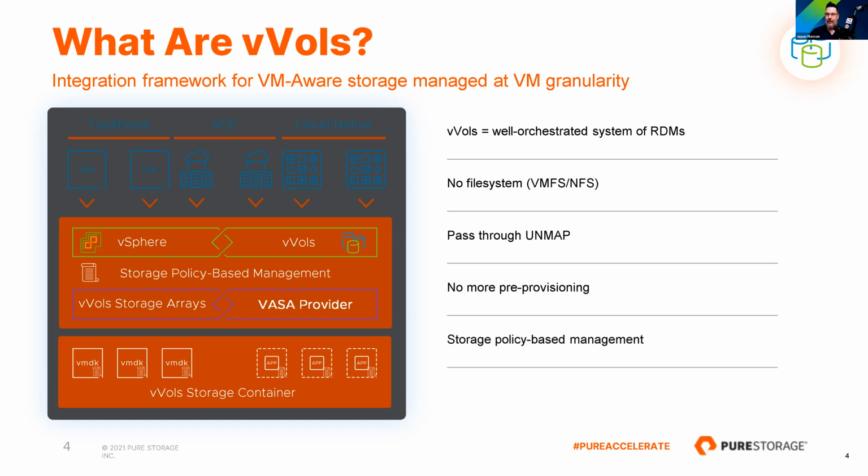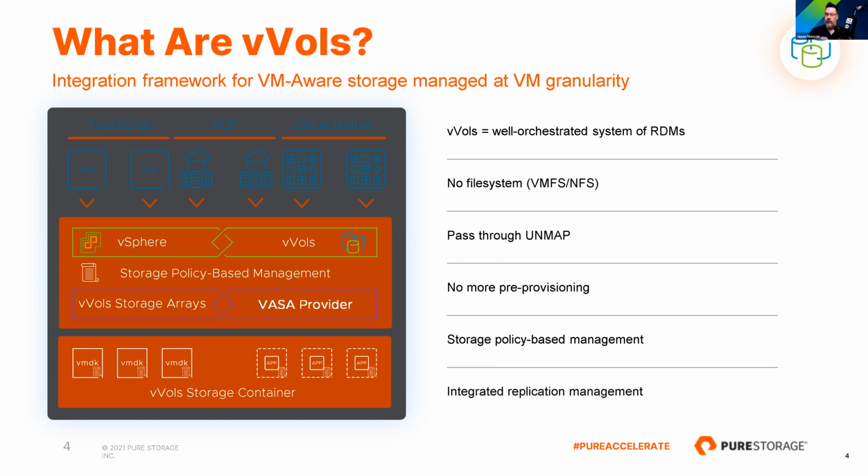And instead of that object being in a specific datastore with a specific capability, as in the case with VMFS or NFS, the array presents all of its capabilities up to the environment and it's managed via policy. So now you can manage your storage capabilities at a VM level using policy-based management.